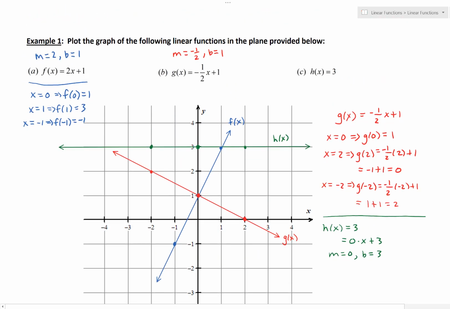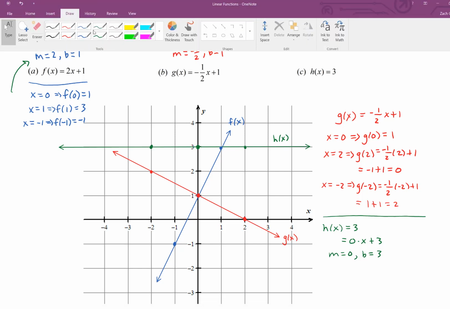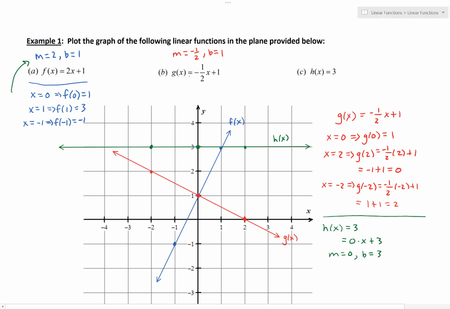Notice for the blue graph, f of x, the m value up here on the top left was 2. So if you look at the graph of f and you look at this idea of m, notice that if I start at (0, 1), remember this b value 1 is telling us where we're located on the y-axis. In this case, it's 1.